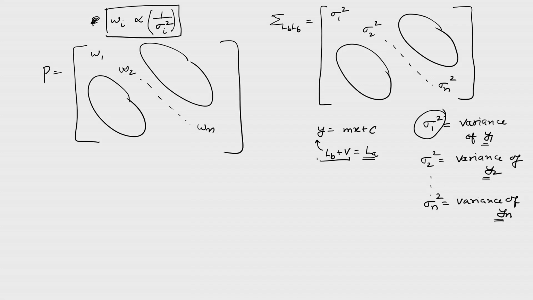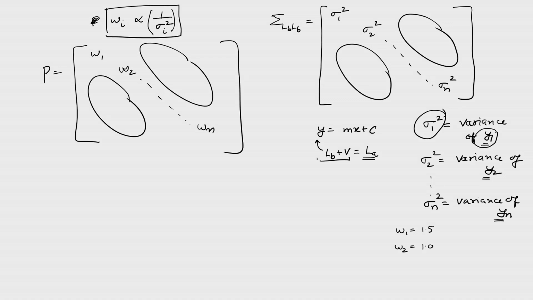Based on that, I can say, yes, I am confident about y1 that it is at least 50% better than y2. So I can say the weight of y1 is 1.5 while the weight of y2 is 1, because I feel that the y1 observation is 50% better or something like this. I know how many times something is better than the other. So I have some idea about weights.